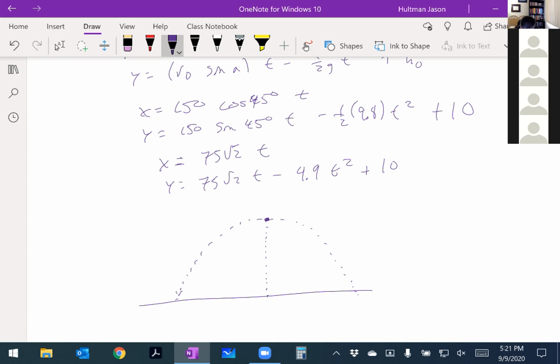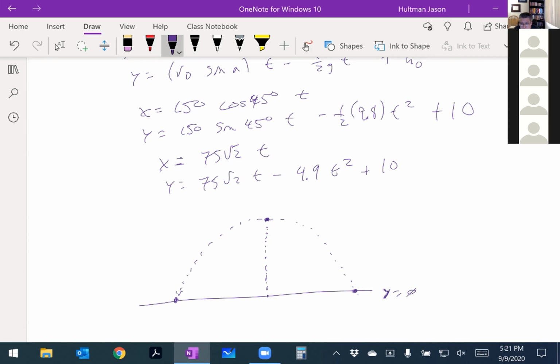So if I let y equal 0, then that should give me this point and this point in terms of t.